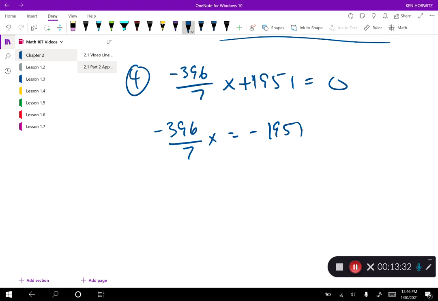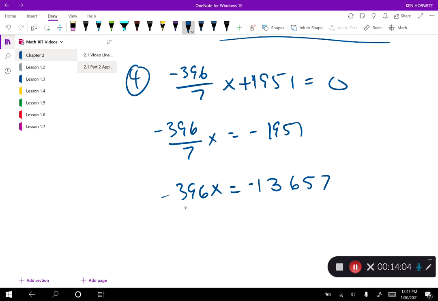And then you multiplied by 7, and you get negative 396x equals negative 13,657. Sorry, let me make that better, that should be a negative.